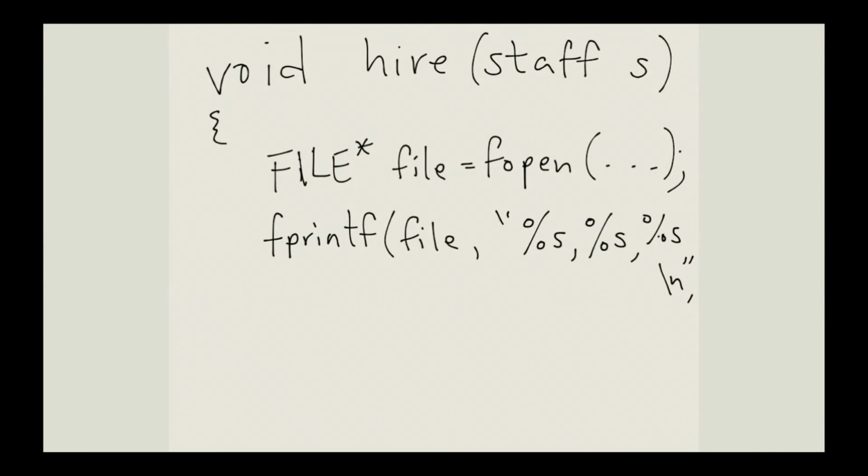And then following our format string, we just have the substitutions, which we access using the dot notation that we saw in problem set 3. So we can use s.last, s.first, and s.email to substitute those three values into our format string.